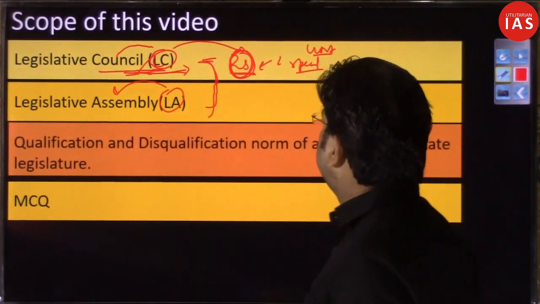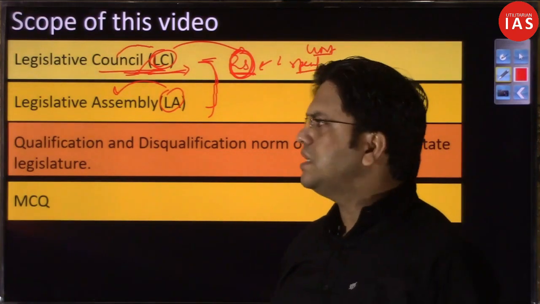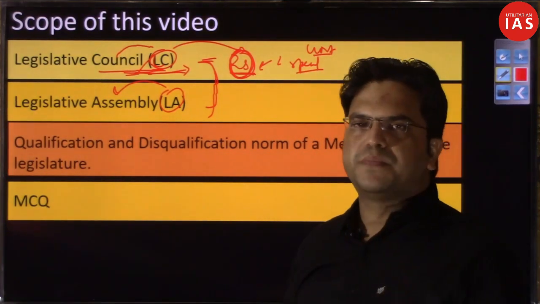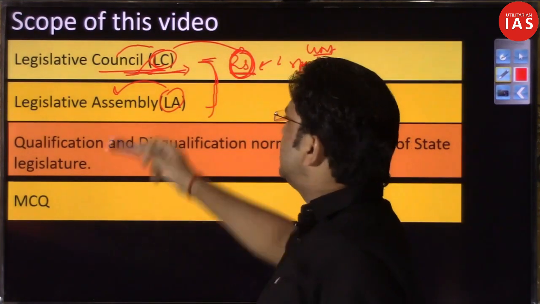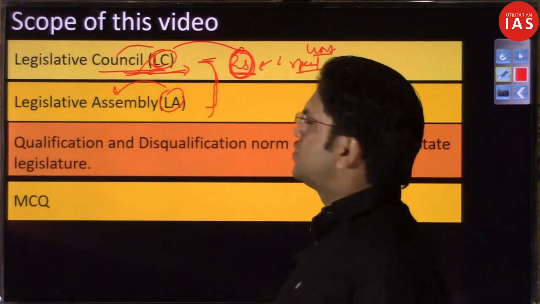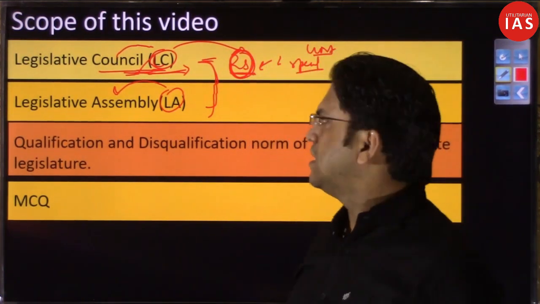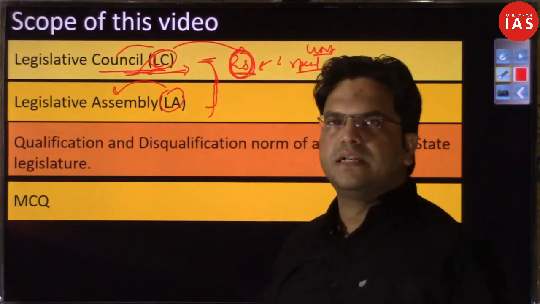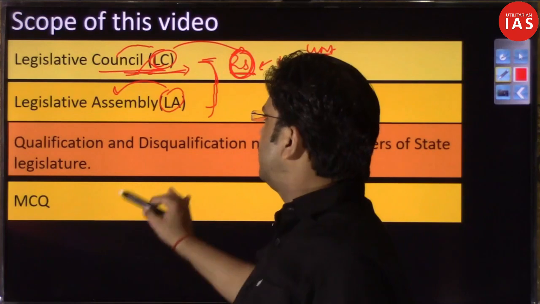It is entirely dependent on the state legislature of that particular state, and thereafter this proposal will be forwarded to the parliament. So I hope you would have understood this one difference, at least, between legislative council and Rajya Sabha, although traditionally both houses are called upper house, Rajya Sabha at the central level and legislative council at the state level.